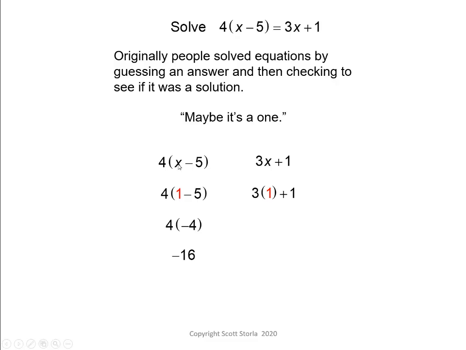You have to make sure you use the same number for both of the variables here. And again, follow the order of operations. You multiply before you add, and you can see that this isn't the same number. That means 1 isn't the solution.